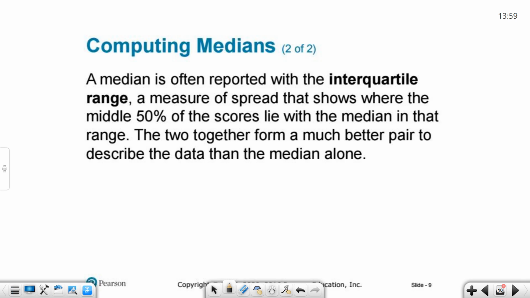On this slide, it talks about the median being reported inside the interquartile range, which we'll do next week. So let's talk about that for just a second. Data looks like this: you have a low value and a high value, and in the middle is the median.